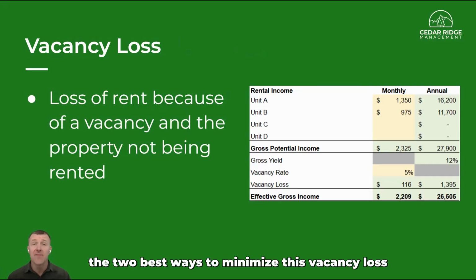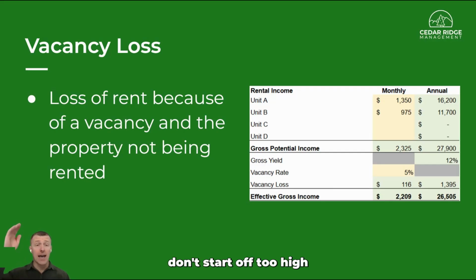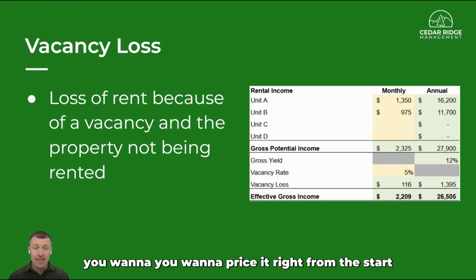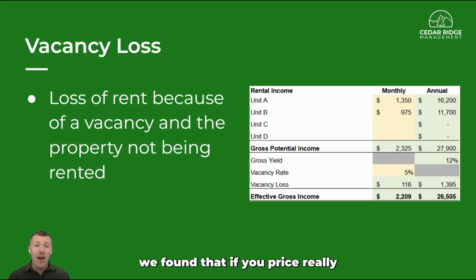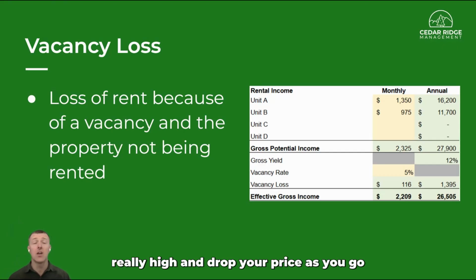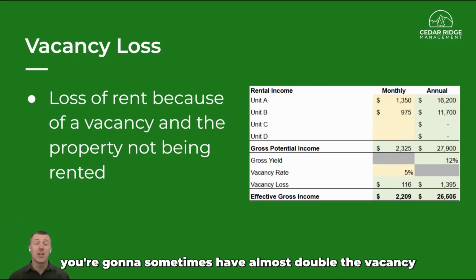The two best ways to minimize this vacancy loss are, one, to price the property correctly from the start. Don't start off too high. You want to price it right from the start. We found that if you price really, really high and drop your price as you go, you're going to sometimes have almost double the vacancy.